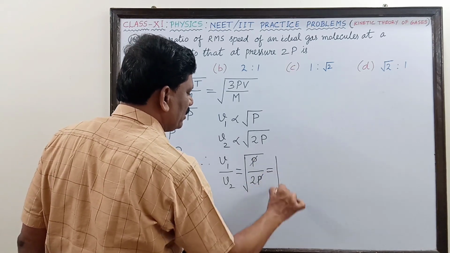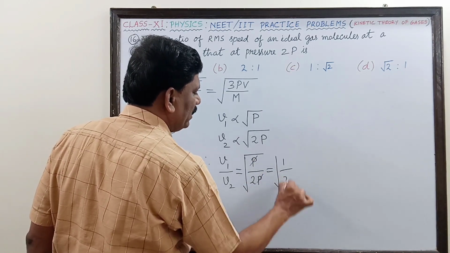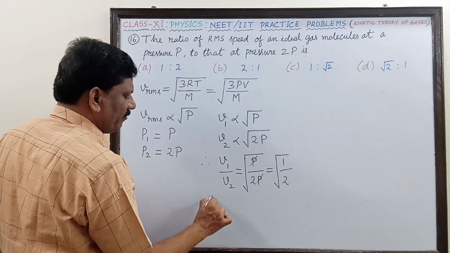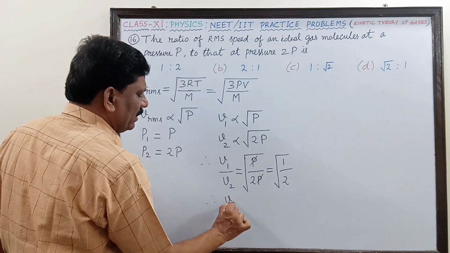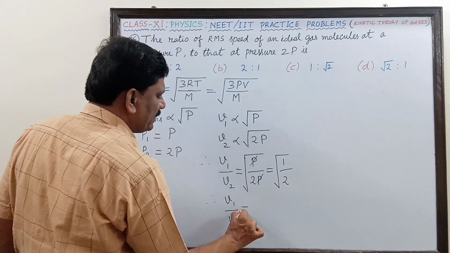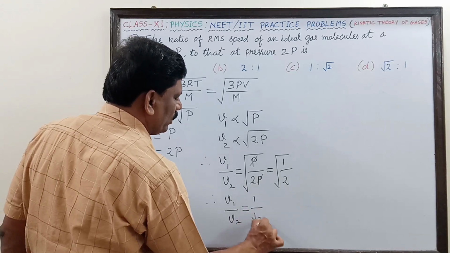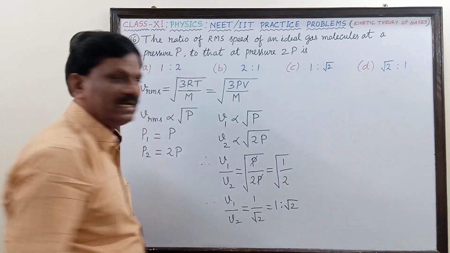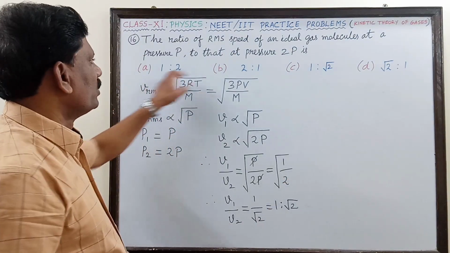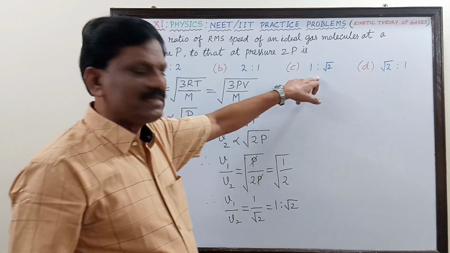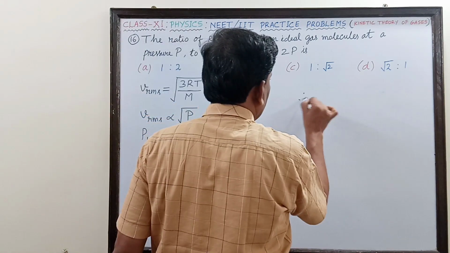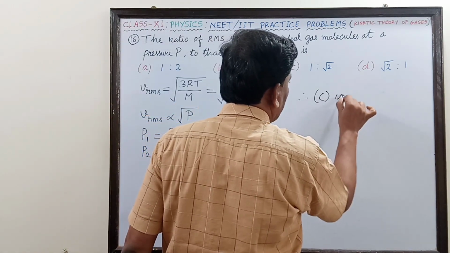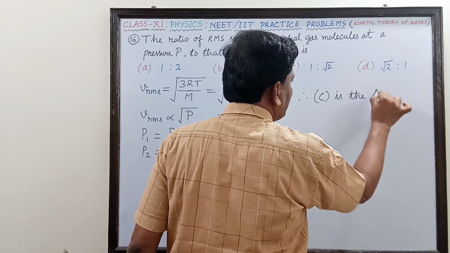So this is equal to square root of 1 by 2. Therefore, V1 by V2 is equal to 1 by square root of 2, that is 1 is to root 2. So this is the ratio. So we can see which of the option is correct: it is C. Therefore option C is the correct answer.